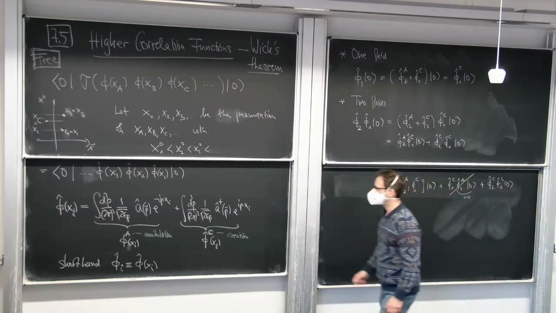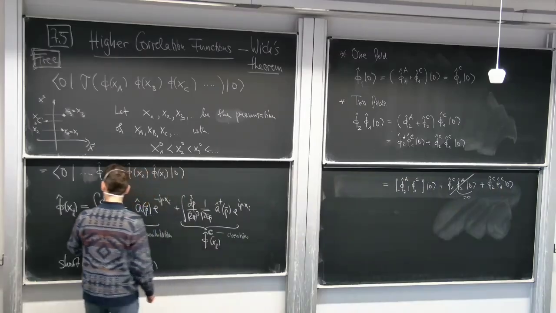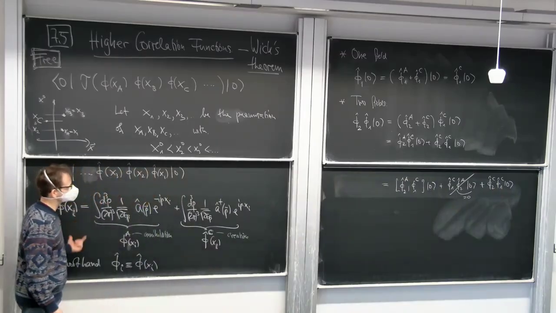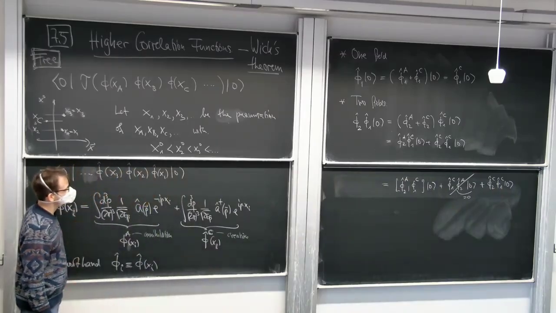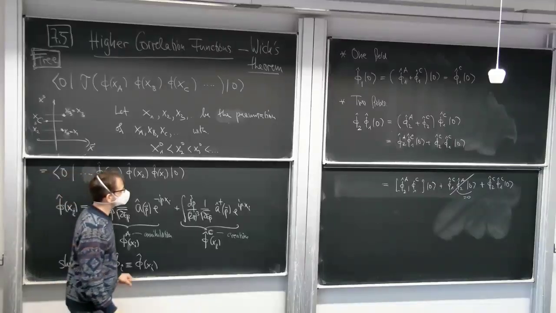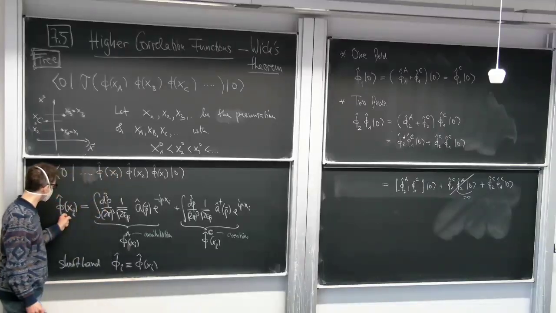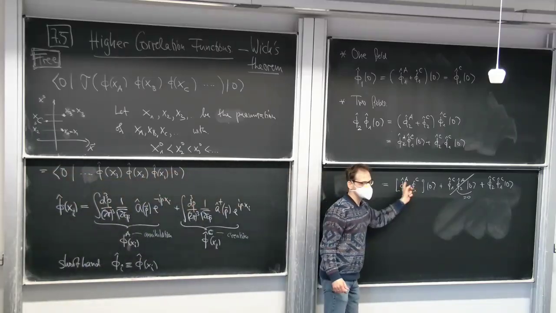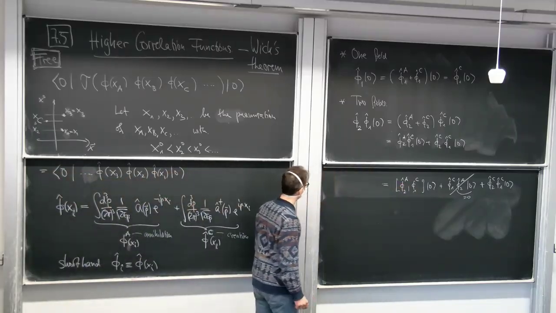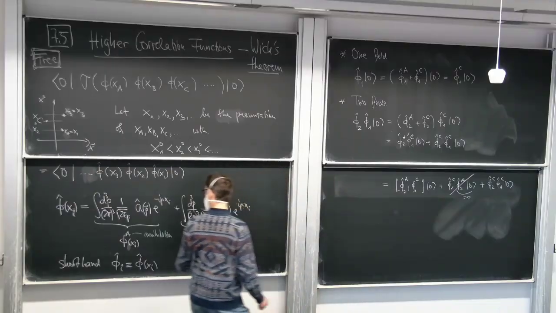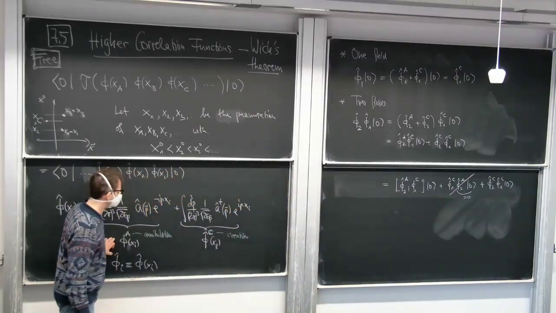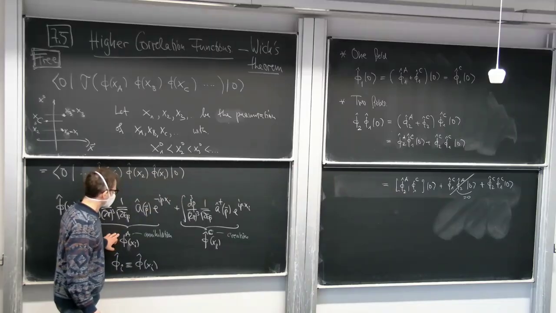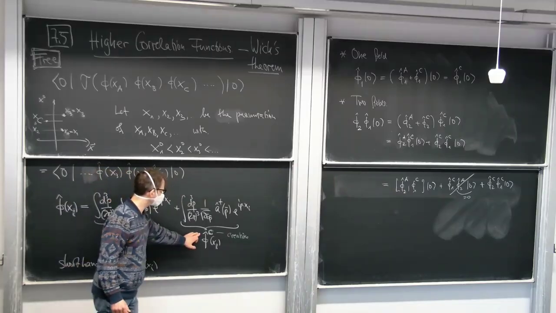How much is that? So in fact, we've done something like we've computed the commutator. Well, what we've computed is the commutator of two fields. Now it's only part of it. So now we have to commute this thing with this thing.